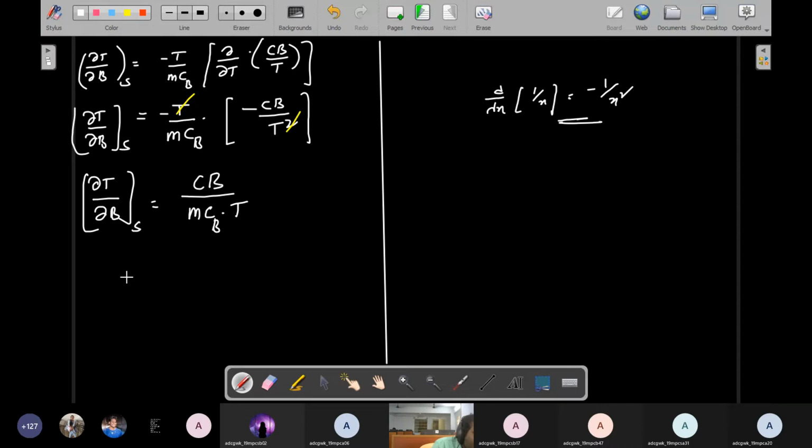Now simply I use a technique, because this ∂B is divided here, it will be moved. So I'll write this equation for simplification: ∂T is equal to C B divided by m C_B T into ∂B.